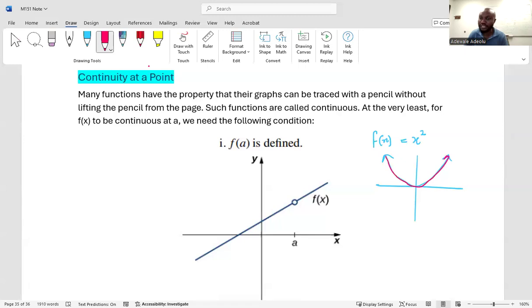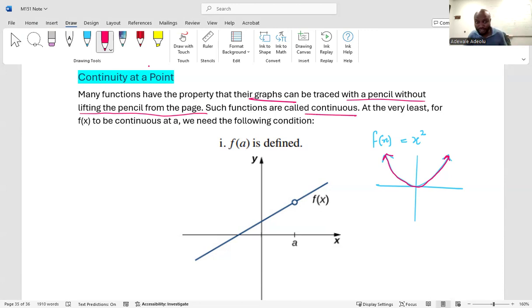Then you say this function is continuous. So we say many functions have the property that their graphs can be traced with a pencil without lifting the pencil from the page, just like I just did. Such functions are called continuous.